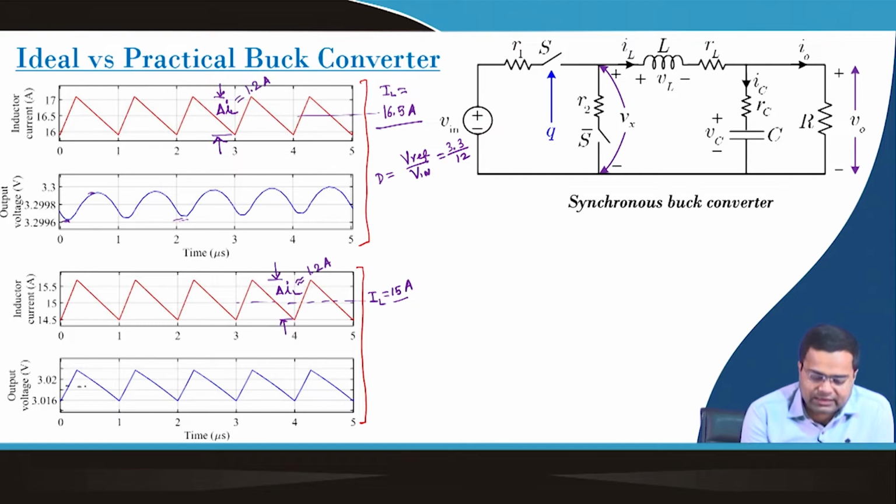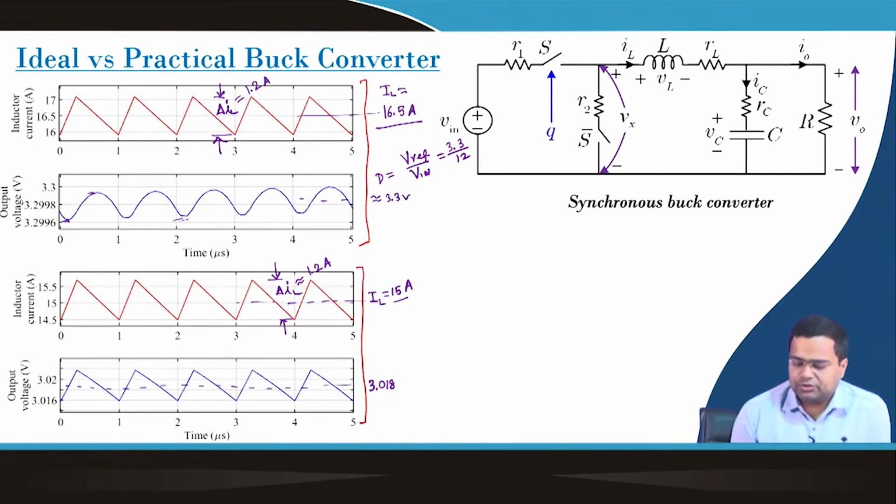What about the average output voltage? It is almost 3.018, whereas earlier it was nearly 3.3 volt. So the output voltage is reduced by almost 0.2 volt. And what about the ripple parameter?